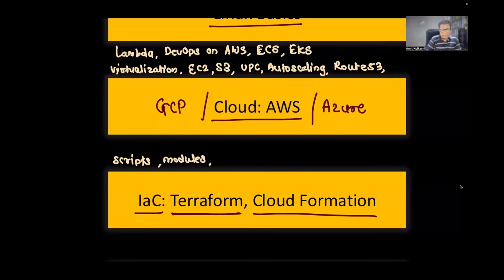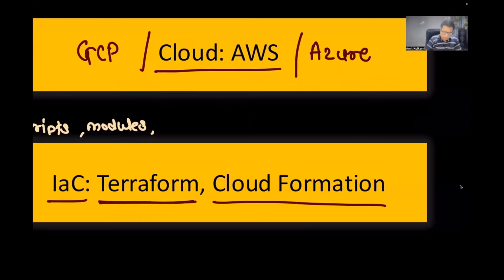To work with this, all these cloud providers have given something called the SDK. Those who are programmers might also know that SDK stands for Software Development Kit. Those SDKs provide the APIs, and those APIs will be consumed by both of these tools.